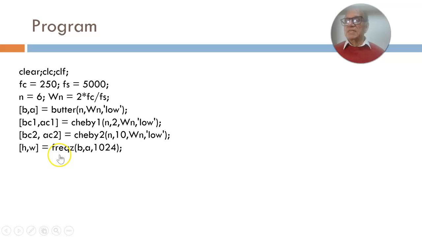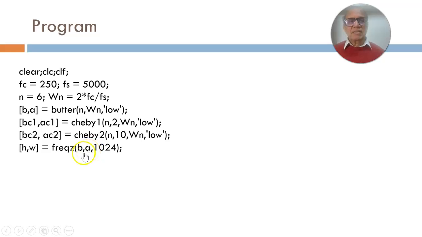Once you have this, then the frequency Z function we have already discussed, and we saw how it is used to plot the frequency response when we discussed the FIR filter. So the same can be used in this case, because the coefficients that you have to pass are both B as well as A. So for FIR filters, we had simply set A equal to 1.